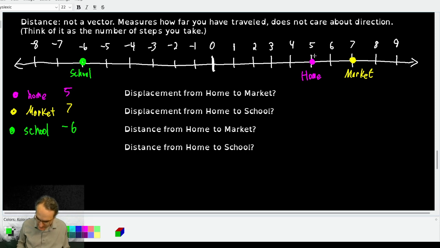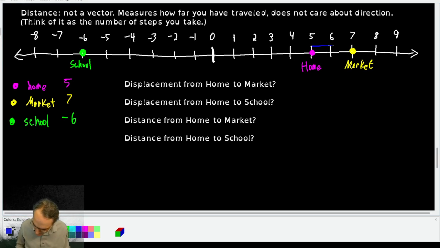So here, if we look at the displacement vector, we've got one that's further away than the other. We'd take our further one, our final location at the market. We'd subtract our initial one at home. We would get a net vector that would point from home to the market.